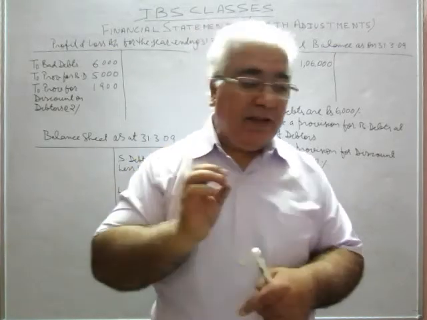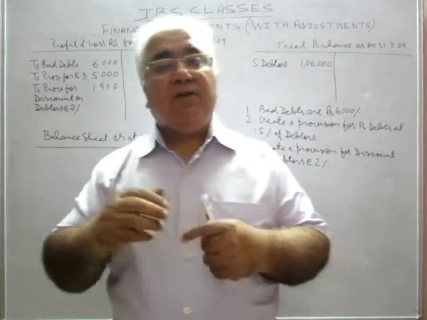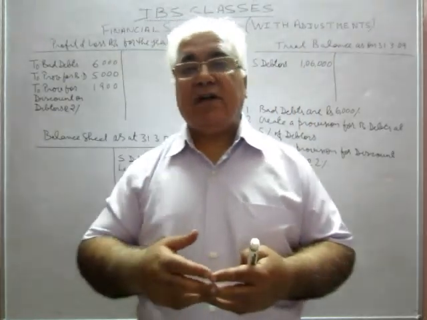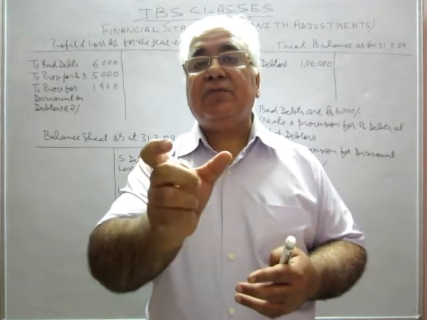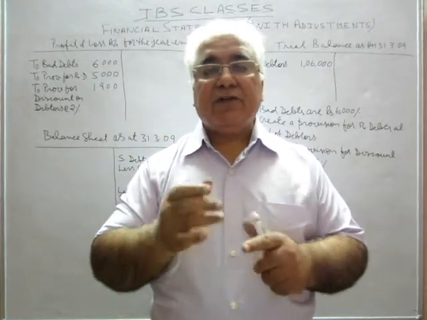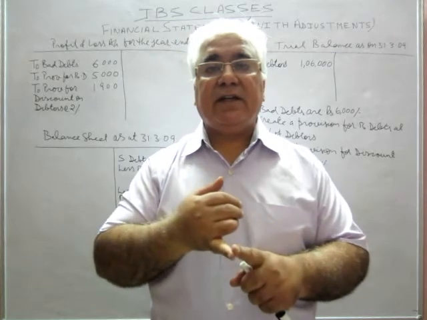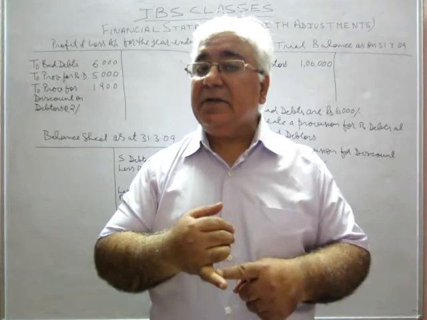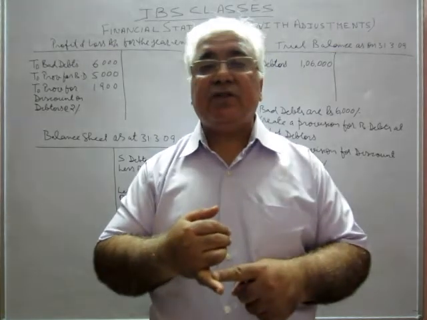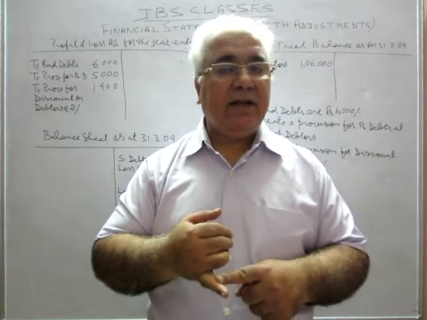Okay, now one thing you must remember, that while creating provision for discount on debtors, on which amount it should be created, this should be noted very carefully. First of all, from the amount of debtors, you must reduce if there are any further bad debts. That means any bad debts given outside the trial balance, right?